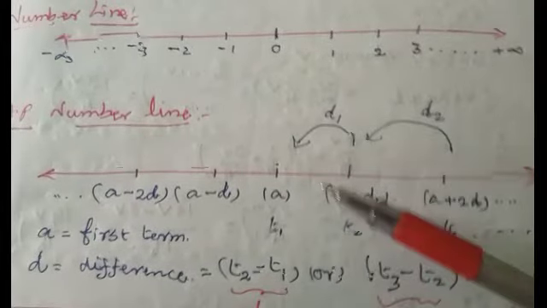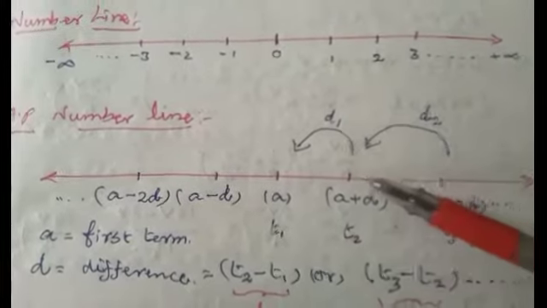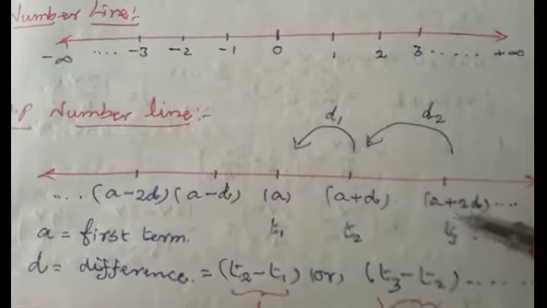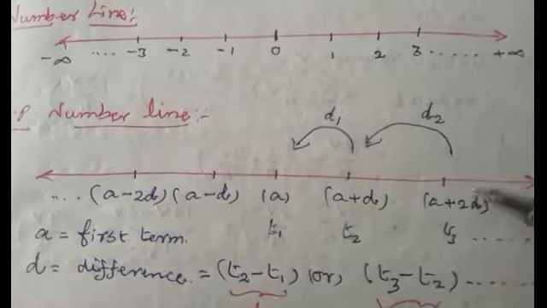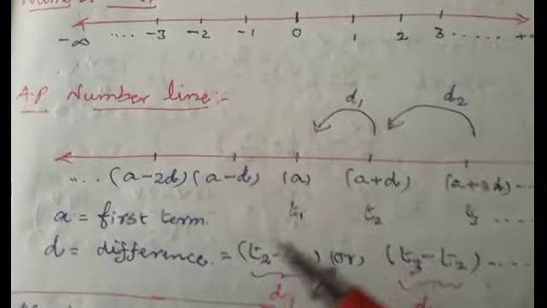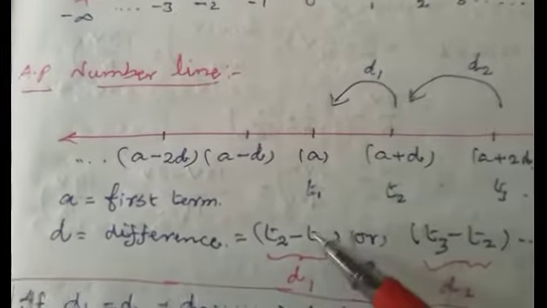So this A is the center point, known as T1, that is called term 1. A plus D is term 2 and A plus 2D is term 3. Okay, now A means first term, D means difference. To find a difference, what is the formula?